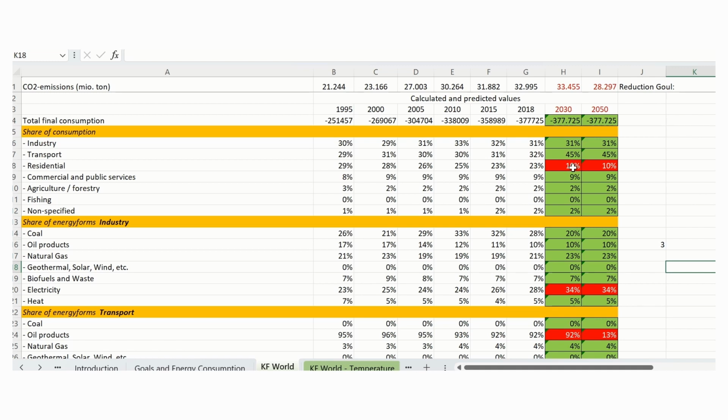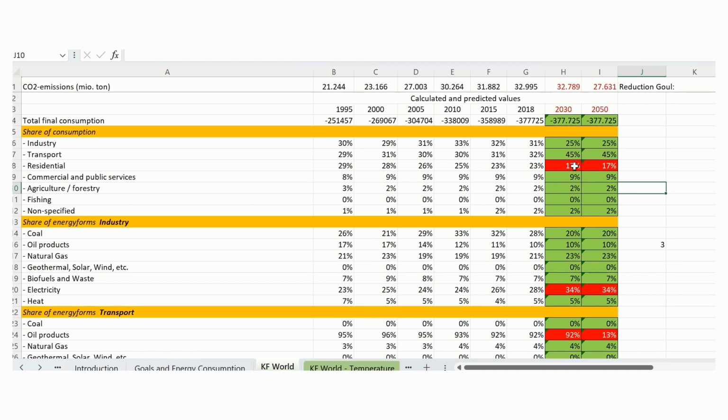If you think that it is in fact in the industry that there will be a reduction, then you put a value of, for instance, 25 here percent, and then you will have a higher value here.